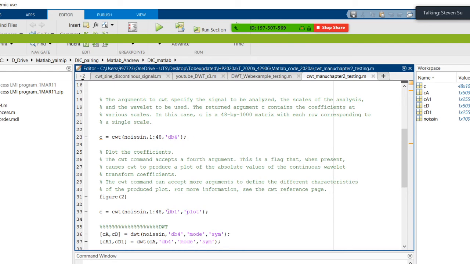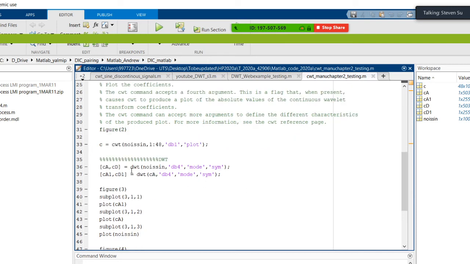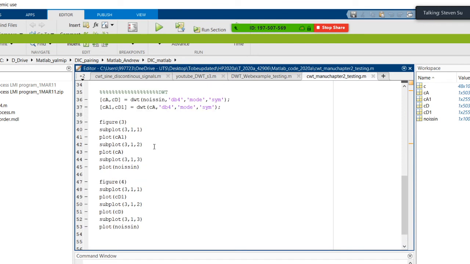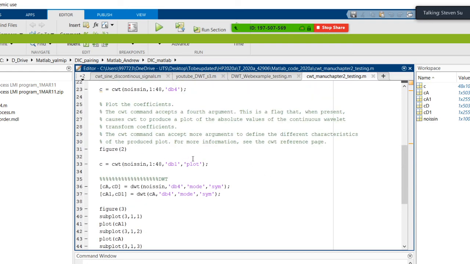You can use Daubechies 1, any wavelet you can select. And this is the DWT. You only use DWT, and this is level 1, the first level, and you can pull out the first level, and you can also have a different level. You can continue.